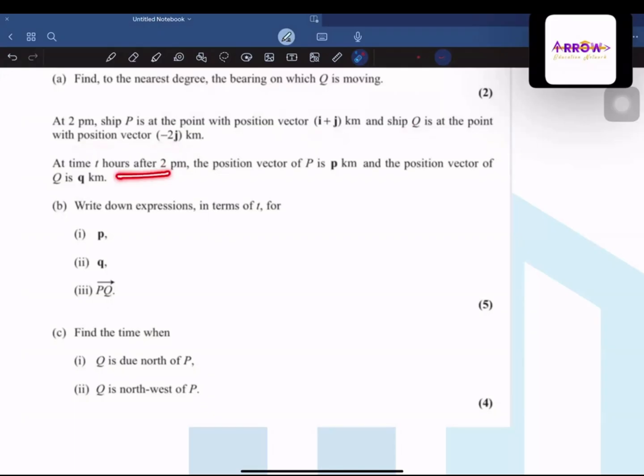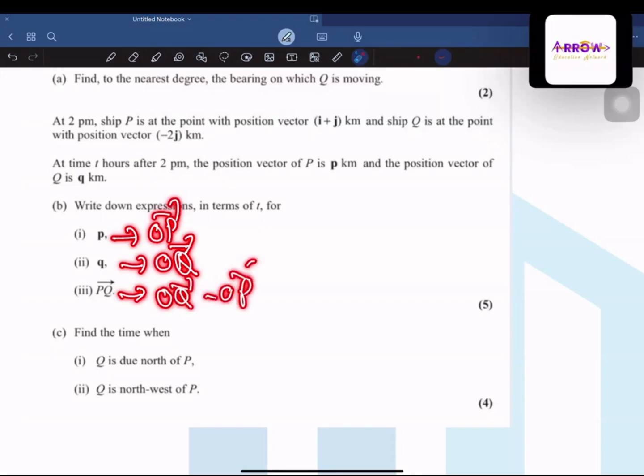At time t hours after 2 p.m., the position vector of P is small p kilometer, and the position vector of Q is small q kilometer. So in part B, we need to write down the expressions in terms of t for p, q, and the PQ vector. In order to find PQ, we are going to use the vector subtraction law, OQ minus OP.